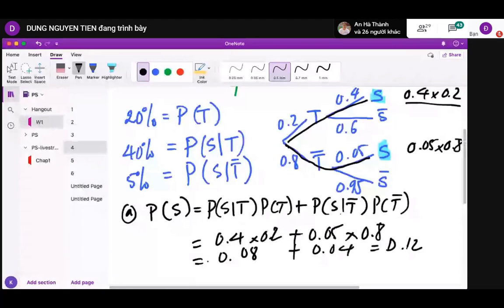How about the probability of S given T times the probability of T? It's the first term of the probability of S. Therefore, you get 0.4 times 0.2 for the numerator. After all, you get 0.08 divided by 0.12, which is 2/3.